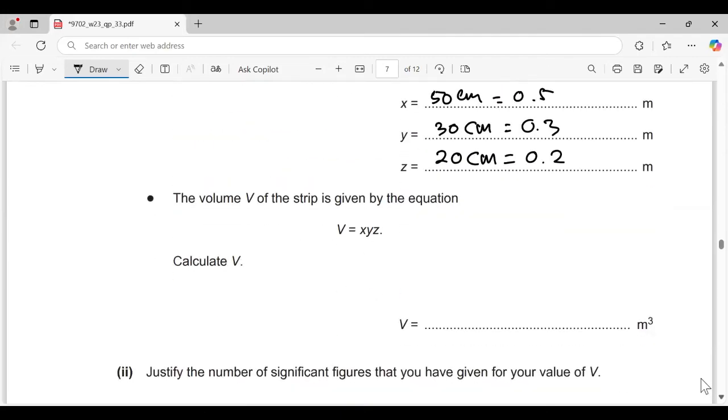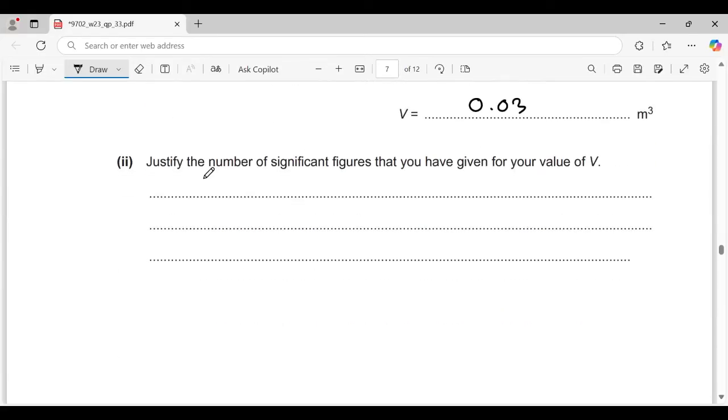The volume V of the strip is given by the equation. Calculate V, right? So V equals 0.5 times 0.3 times 0.2. And if you calculate, the result is 0.03 meter cubed. Specify the number of significant figures that you have given for your value of V. The number is 0.03.